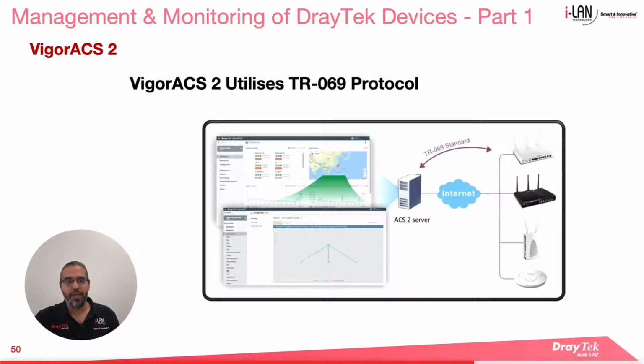VigorACS 2 utilizes the TR069 standard for communication between the ACS2 server and the CPE devices. You can have any number of DrayTek devices on the internet that can be managed by the ACS server. In the TR069 communication process, the connection between the CPE device and the ACS server is not permanent.